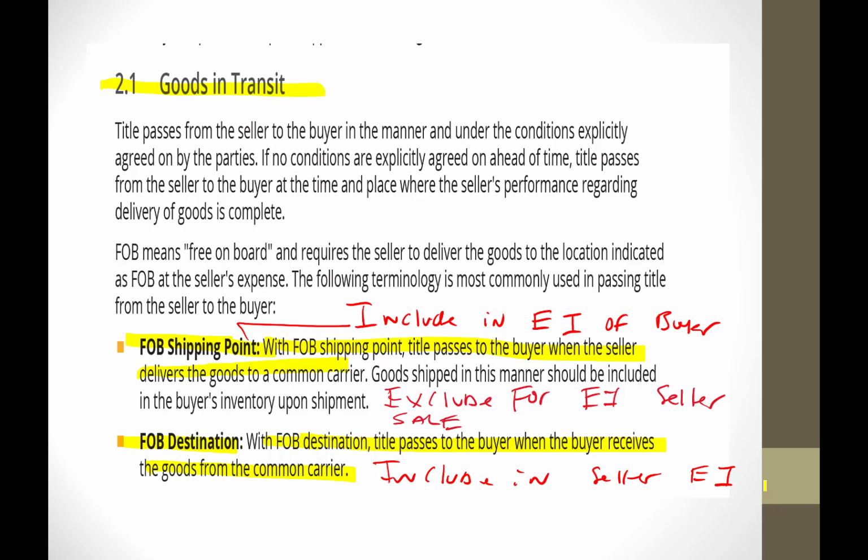They're going from New York to San Francisco, to San Jose, they're in Kansas City, but the seller still includes it in their ending inventory, don't they? Okay. And what? Exclude from buyer's EI, and what else? No sale.